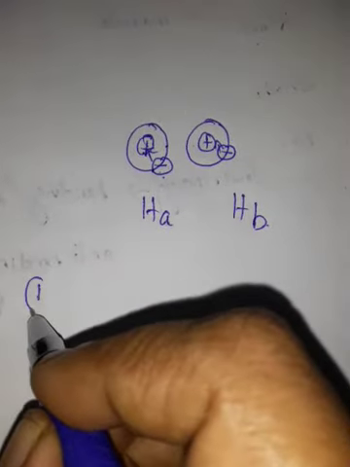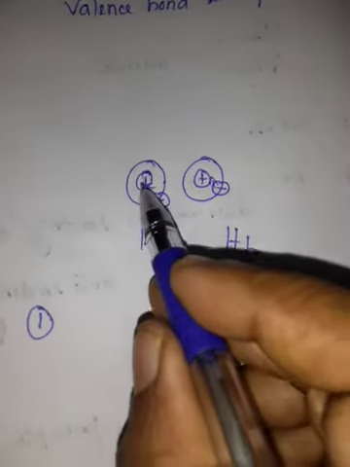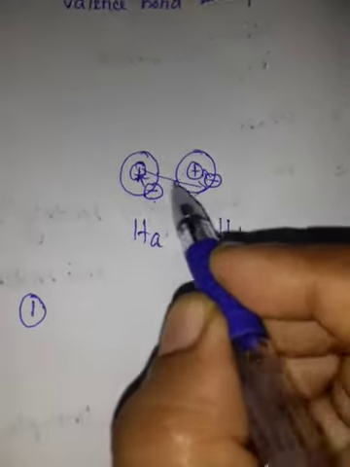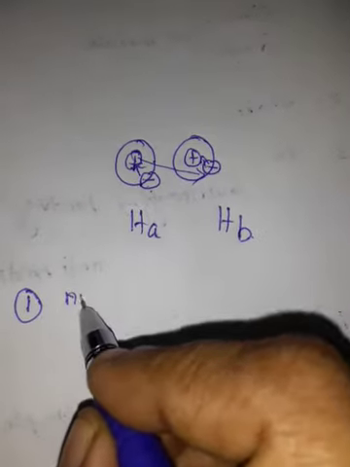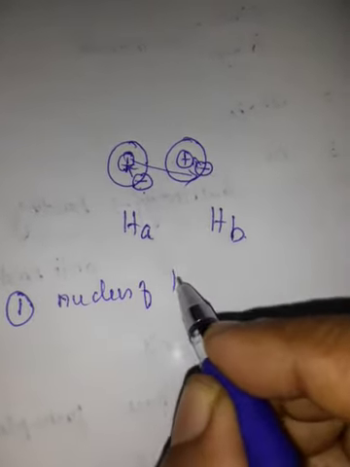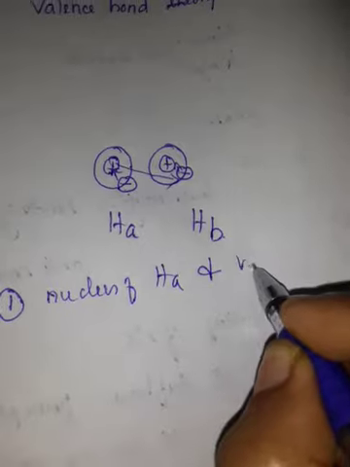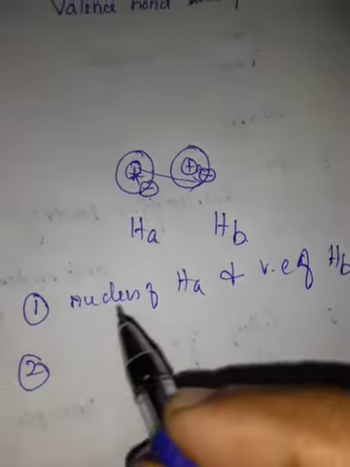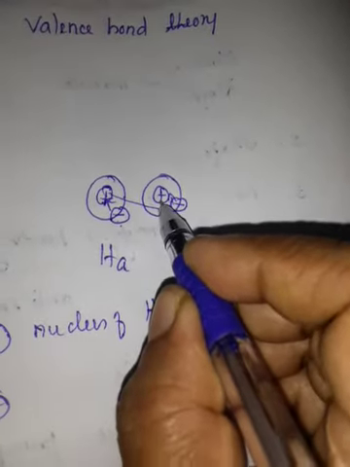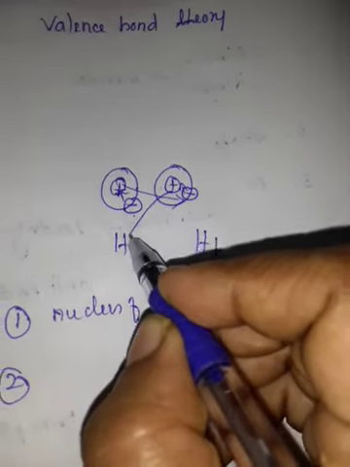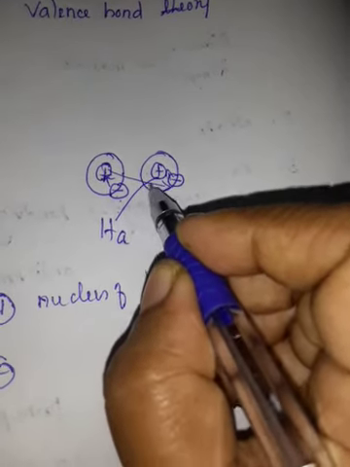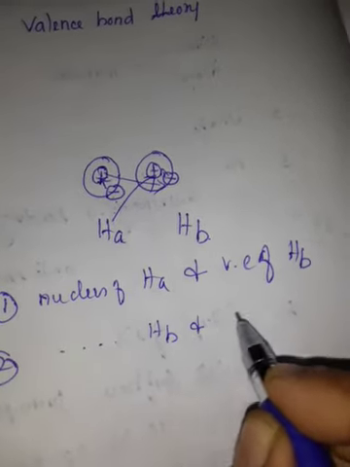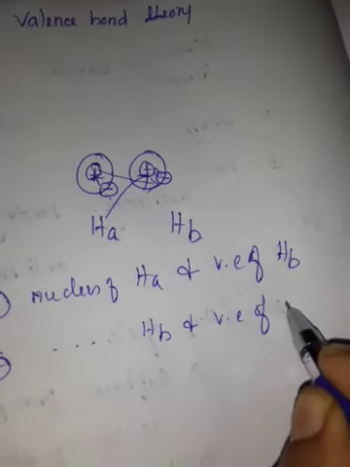Number one, the nucleus of Ha and the valence electron of Hb. Number two, the nucleus of Hb and the valence electron of Ha.